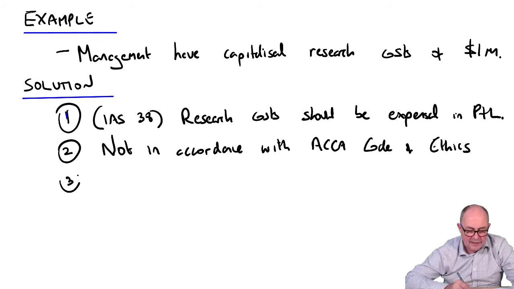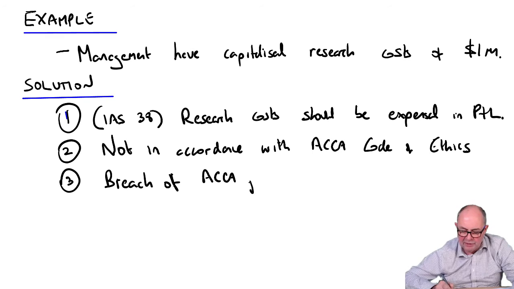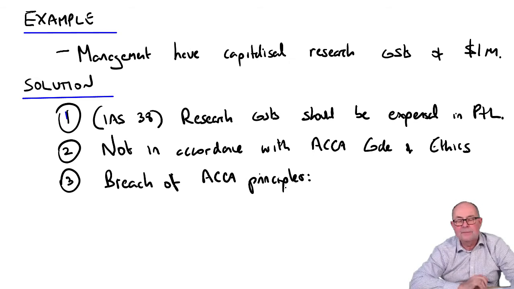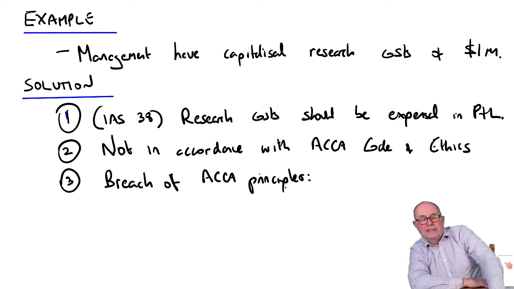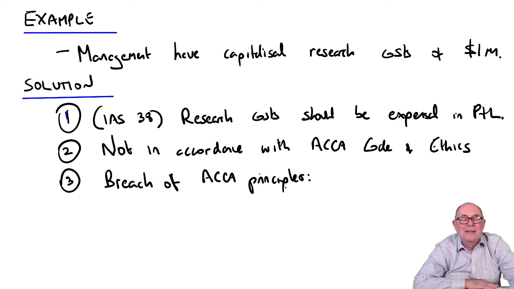Then think about why. Think about the principles. So we're saying potentially there may be breach of ACCA principles. You learned those in a number of exams already, and you know the words objectivity, integrity, professional competence, professional behaviour, confidentiality.